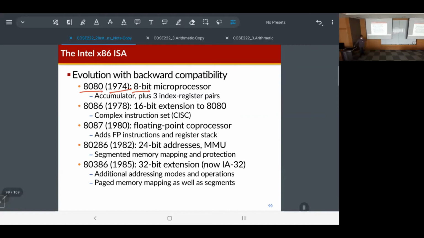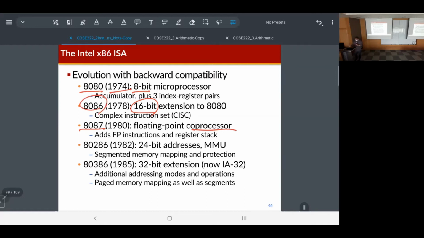Then Intel also made the 16-bit CPU called the 8086. And then Intel also made the 8087, which included the floating point processor. So the 8087 includes the floating point coprocessor, which means that the 8086 just includes the integer type ALU.